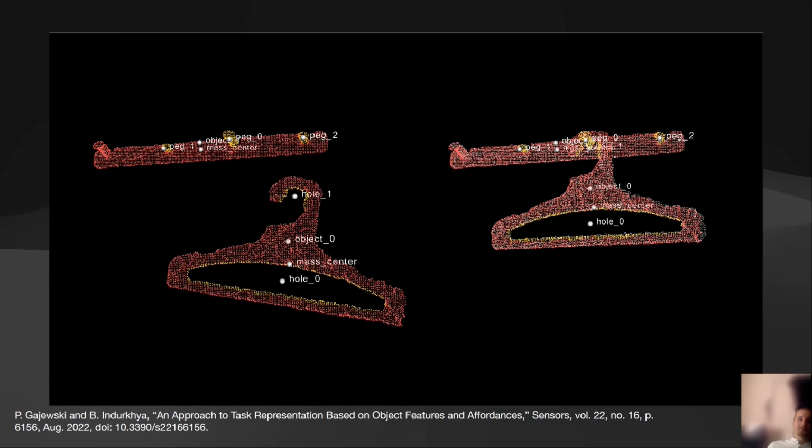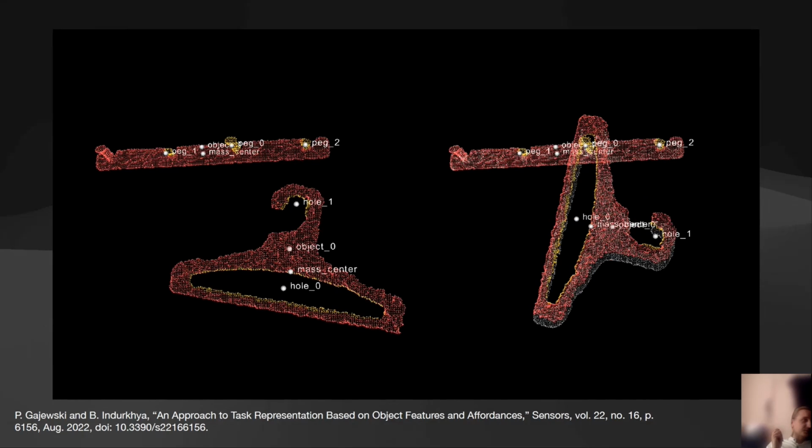So it's not that strict of a system. The yellow color represents features, red is objects, the rest is cleared up.